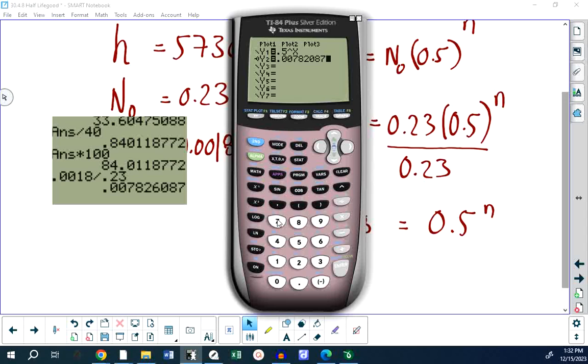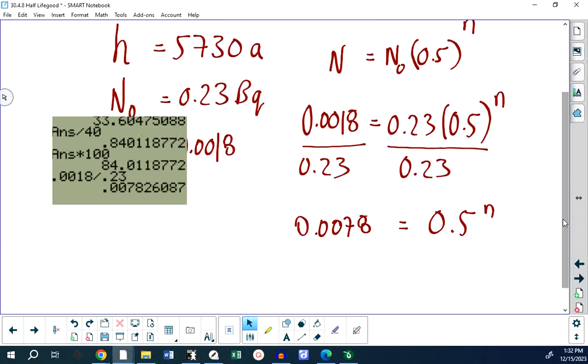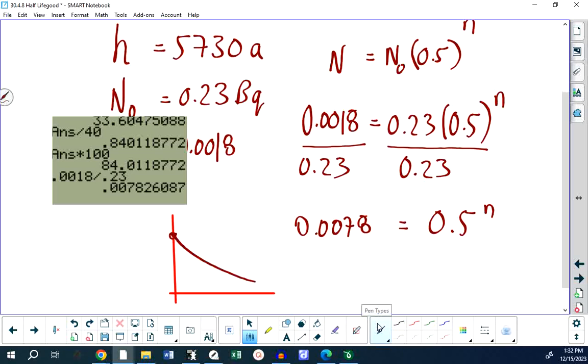We do know from this class, not just from Math 30, that this graph will go down. We're looking for a point of intersection here between y equals 0.0078 and 0.5 to the n.